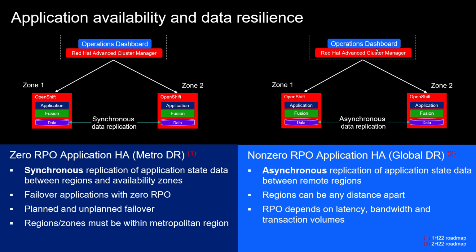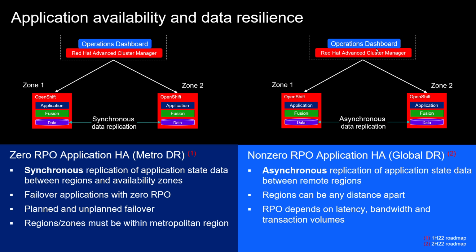So that if zone 1 goes away, you can immediately start running off of zone 2. Now, to be able to do that, you've got to have metro area. The two instances have to be close enough so that the latency isn't too great.